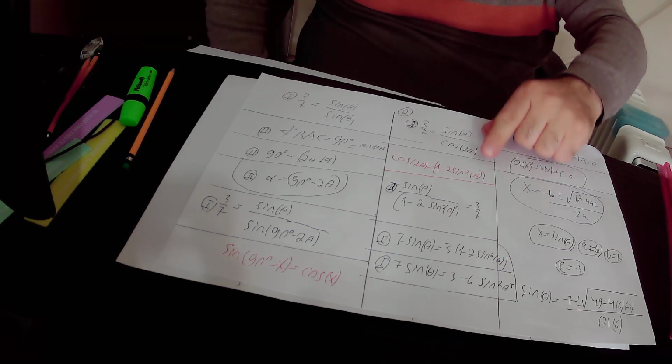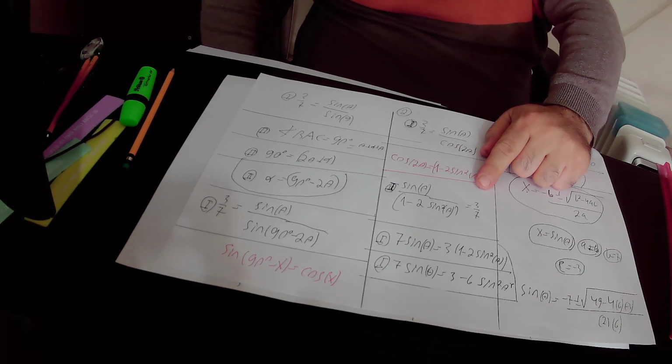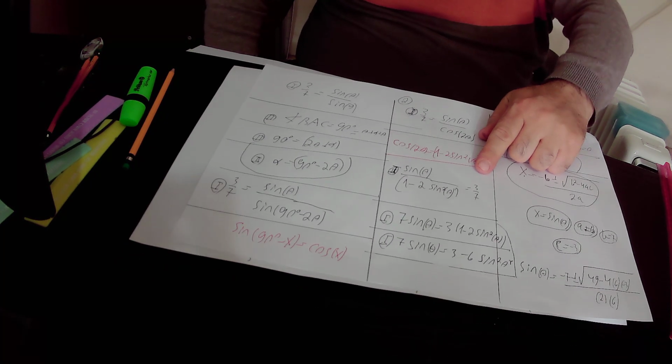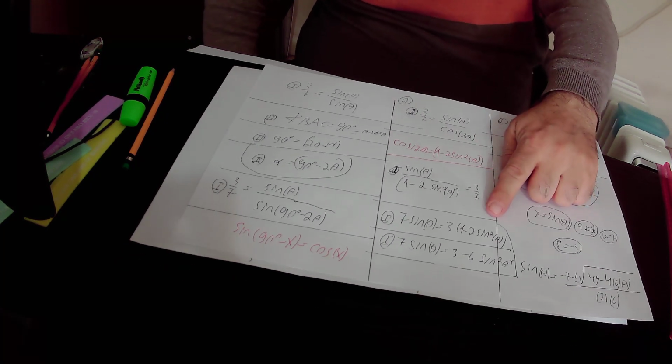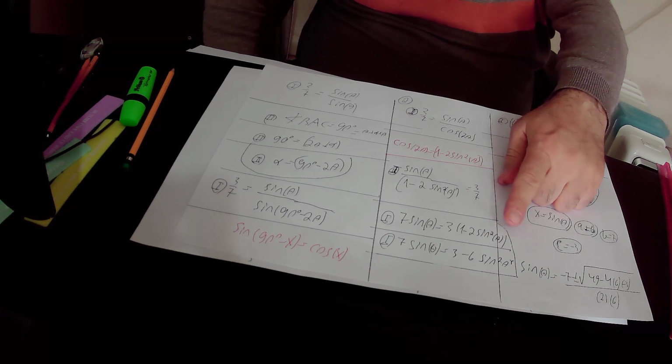Here we cross-multiply this equation number 1, and we got that 7 times sine theta equals 3 times 1 minus 2 times sine square theta. We open the brackets on this side of equation number 1, and we got that 7 times sine theta equals 3, and 3 times minus 2 is minus 6, so it is minus 6 sine square theta.